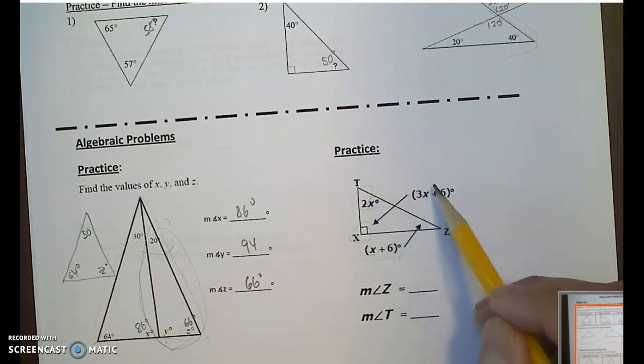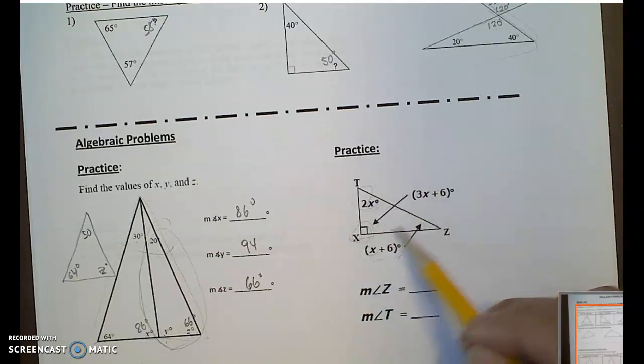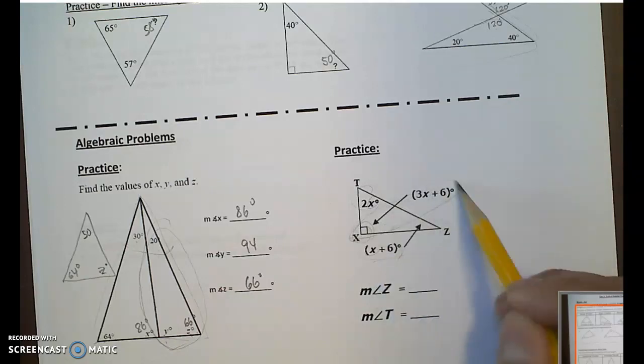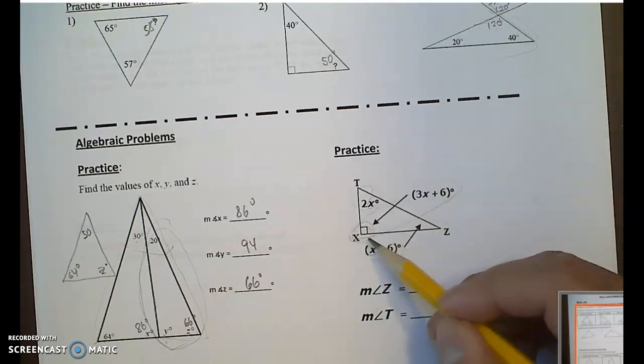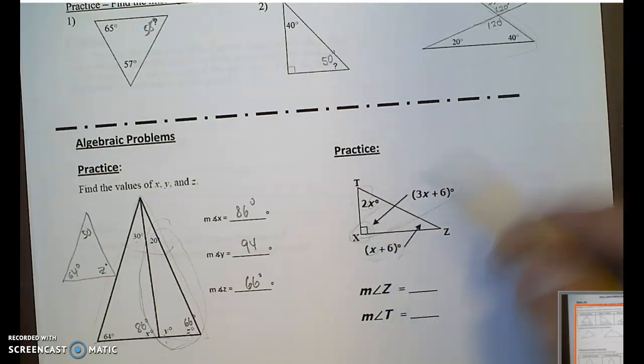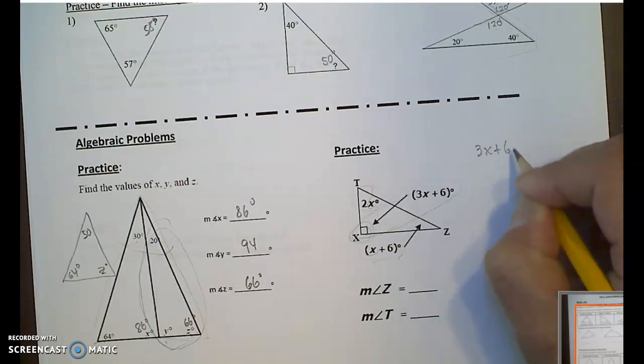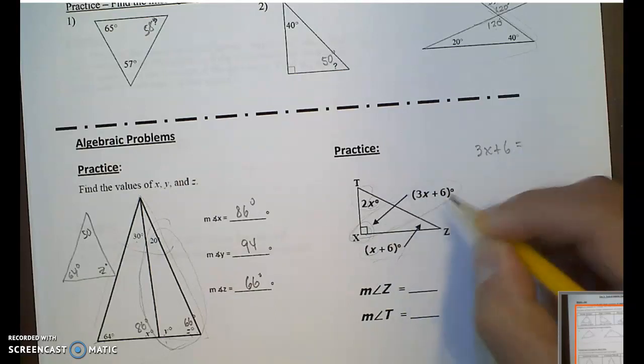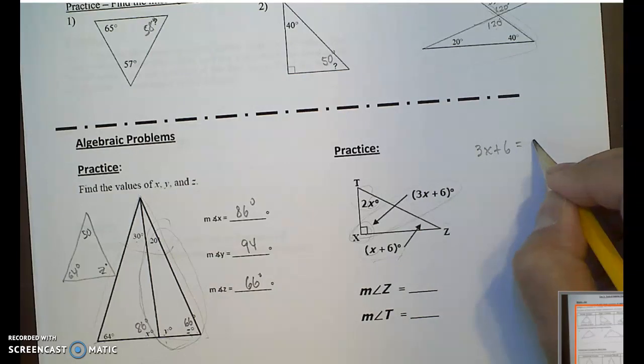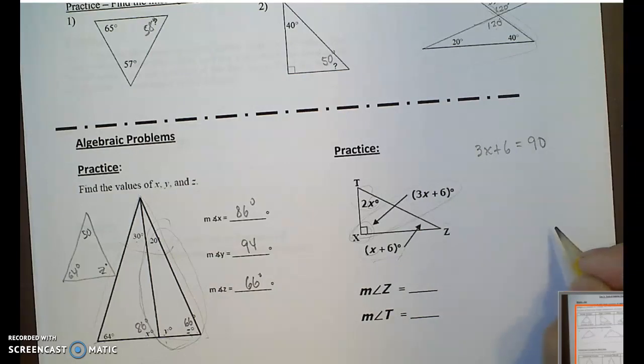The only one that can solve for x here is this one, because we know that angle X is a 90-degree angle. That little box there tells you it's 90 degrees. So we're going to start off by setting the expression that represents that angle equal to 90.